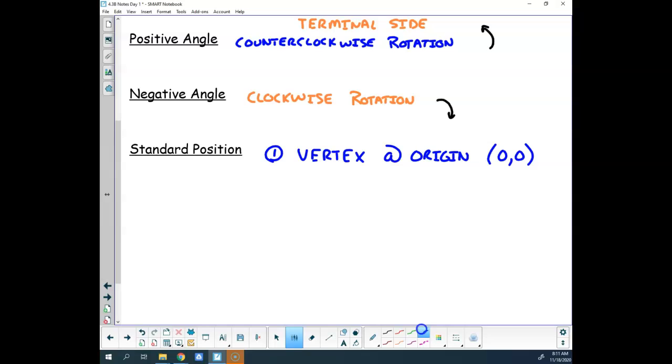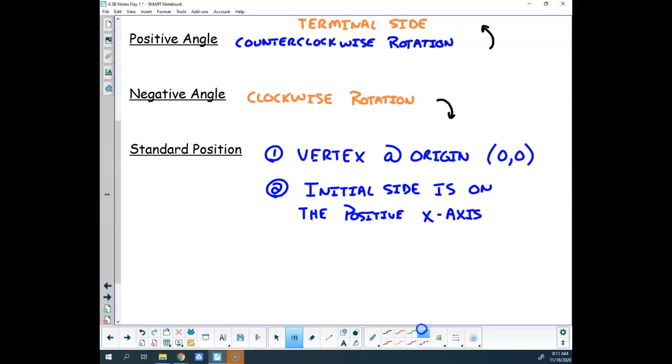That's where the vertex is in standard position. The second key classification is that the initial side is on the positive x-axis. So the initial side goes straight out to the right.